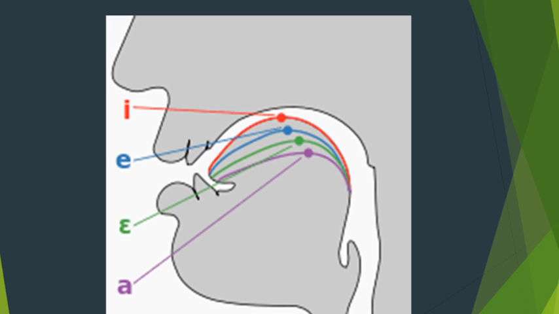If the tongue position is here, at that red line, the oral cavity is closed by the tongue. So that is the closed position. The blue line tells that the oral cavity is in half closed position, and the green is half open position, and the violet is open position.